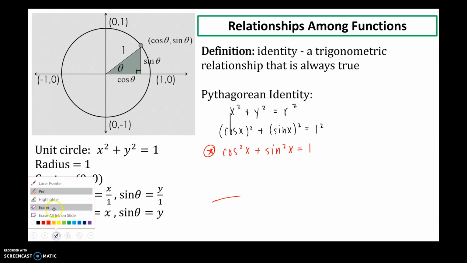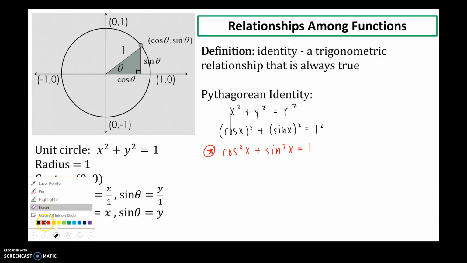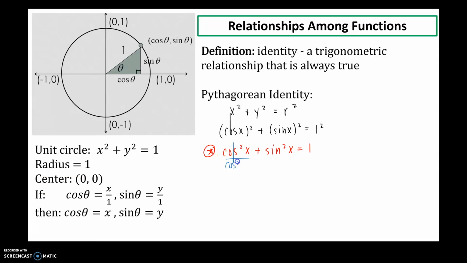So now, think about taking this Pythagorean identity, and I'm going to divide every term by cosine squared of x. When I do that, anything divided by itself is 1.